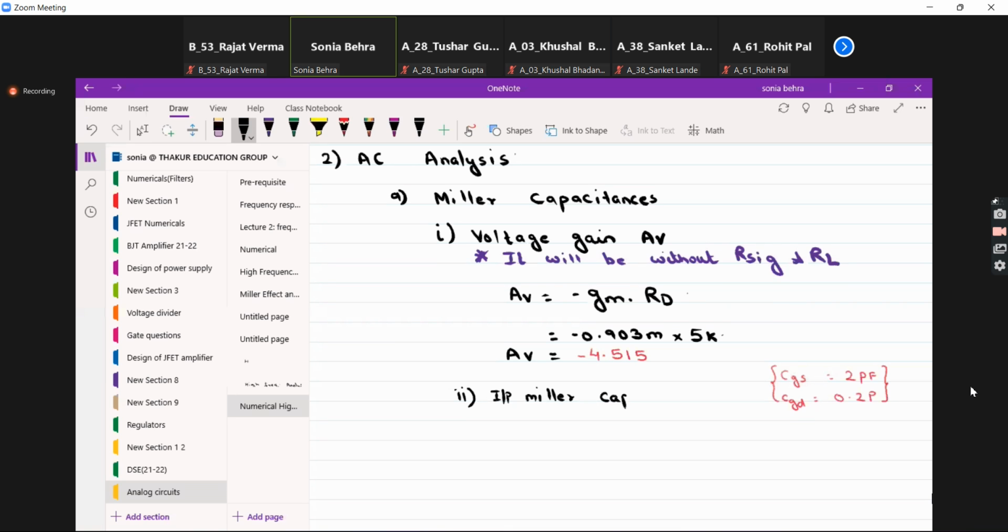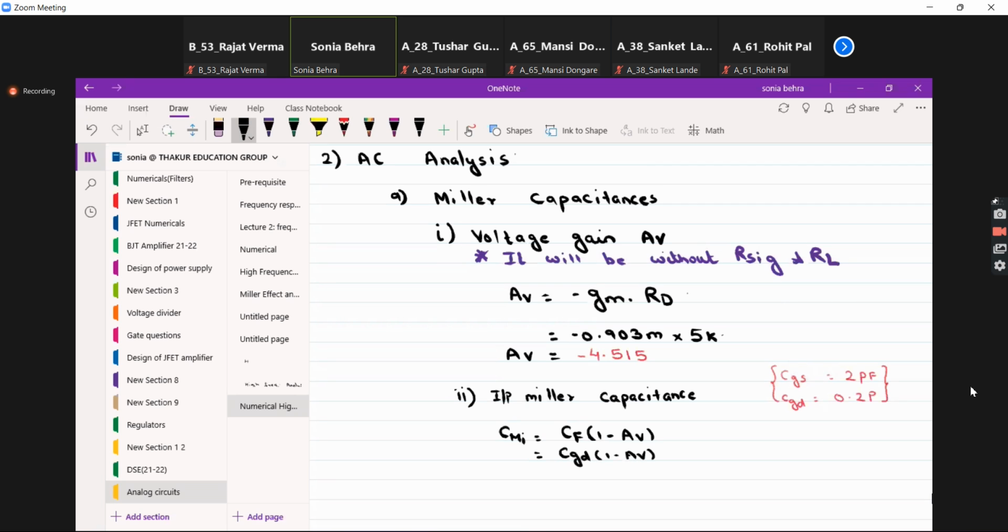What is the formula for input Miller capacitance? Anyone? I forgot the formula. Please help me out. CF into 1 minus AV. CF into 1 minus AV. What is our CF? CGD. Yes, very good. CGD into 1 minus AV.